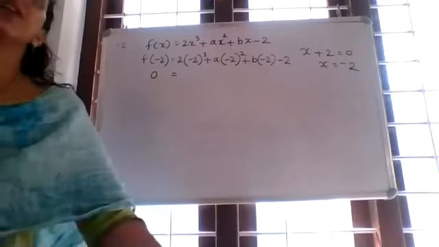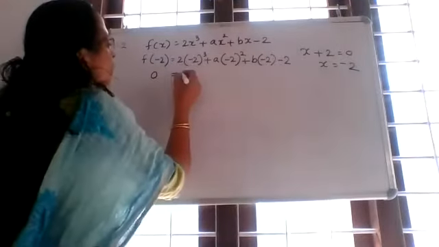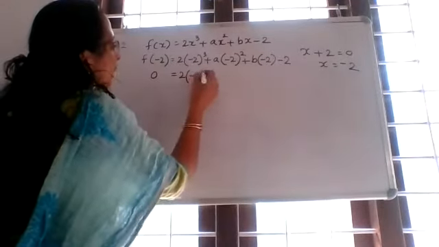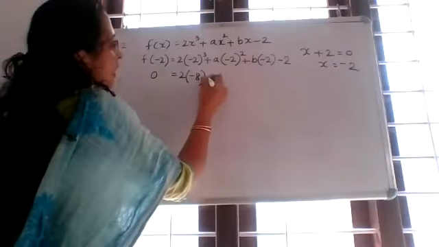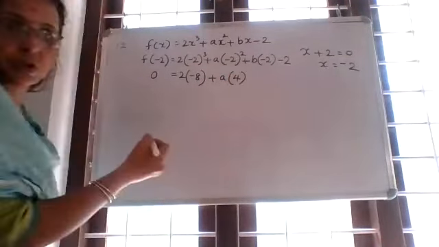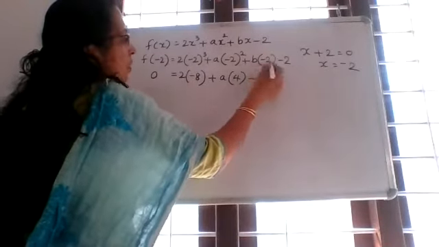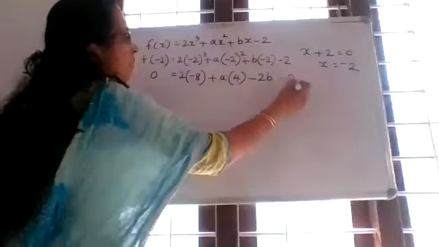The first part we got the remainder as 7. Second part is 0. So negative 2 cube is what? 2 into negative 8. Then plus a into negative 2 square is positive 4a, plus b into negative 2 is minus 2b, minus 2.